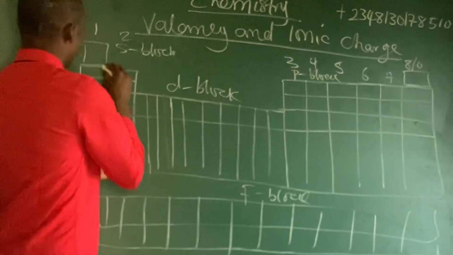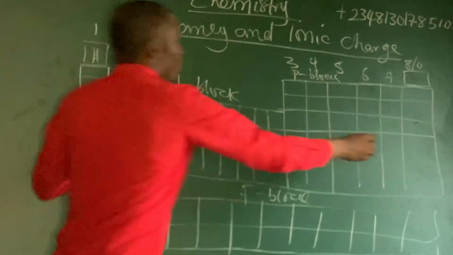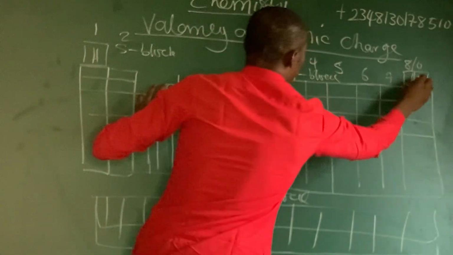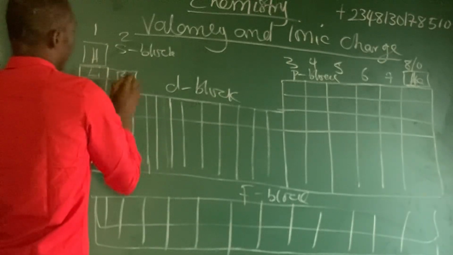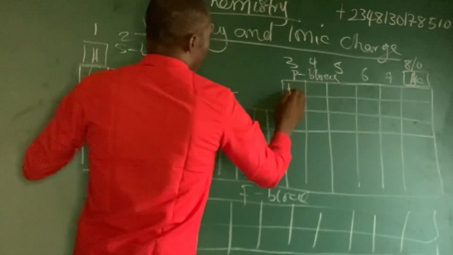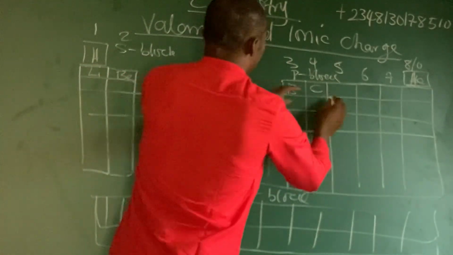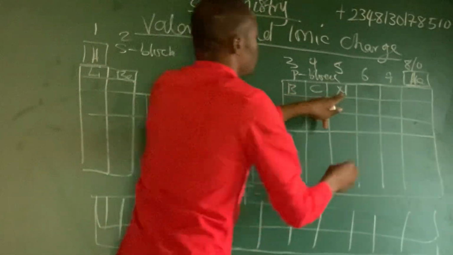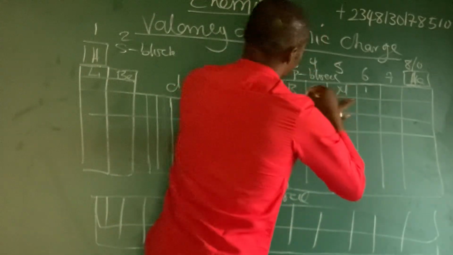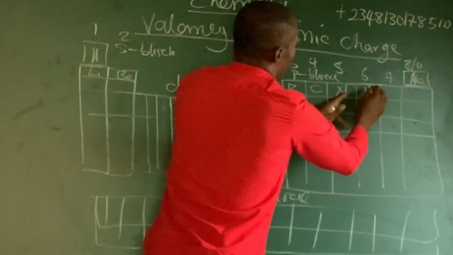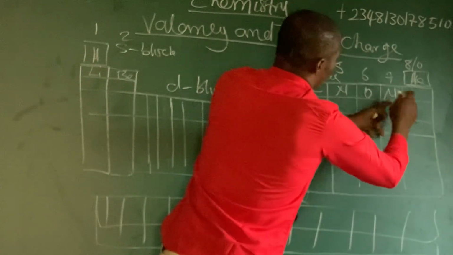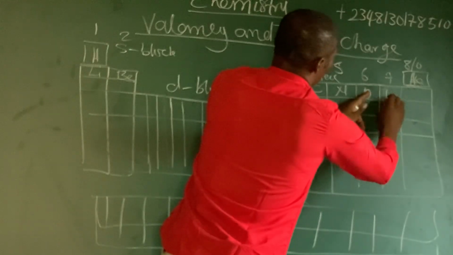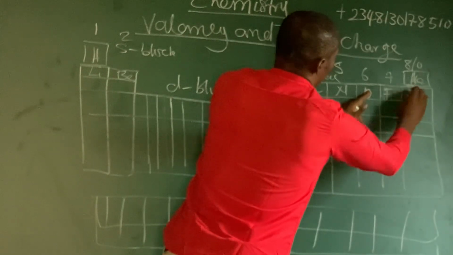Okay, so we have hydrogen, we have helium, we have lithium, beryllium, boron, carbon, nitrogen, oxygen, this will be fluorine, this will be neon.